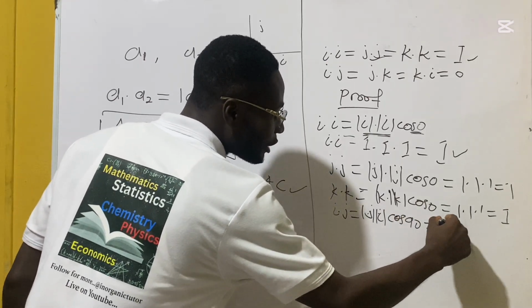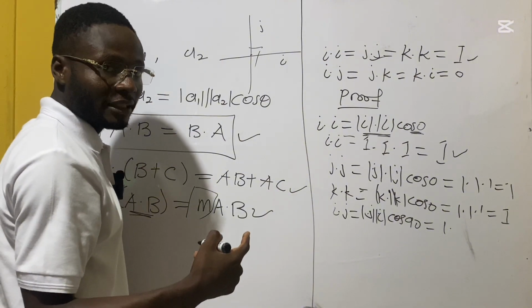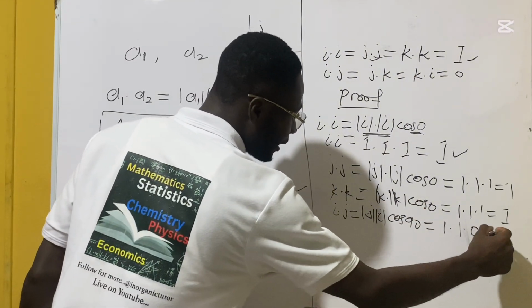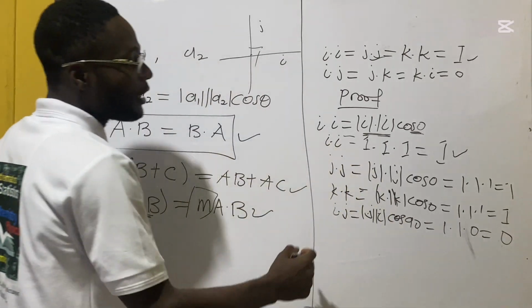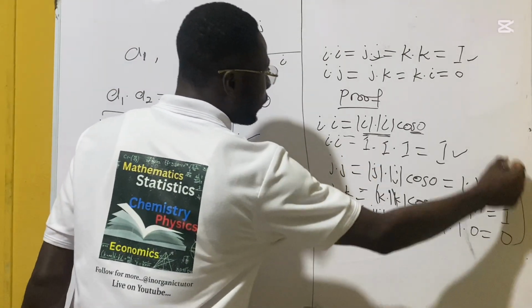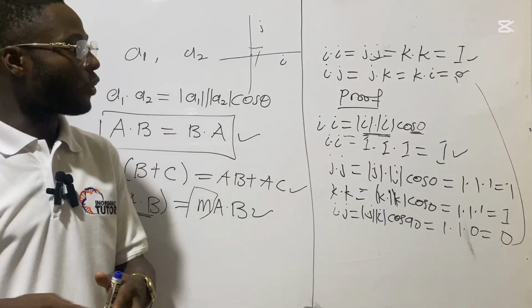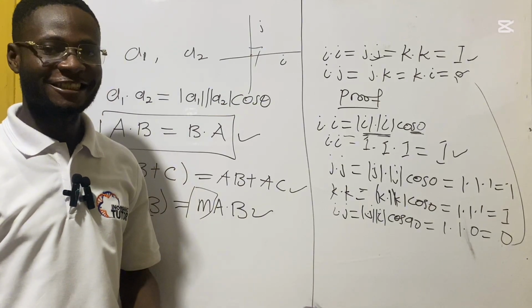You know that the magnitude of a unit vector is 1. So we have 1 times 1 times 0, and that is basically equal to 0. So that is basically the proof. Okay, so it runs true for all. So that is how it goes.